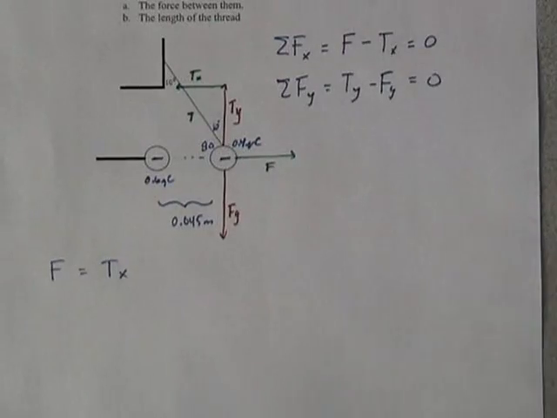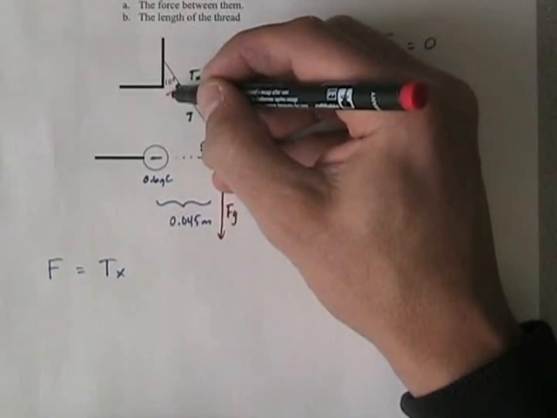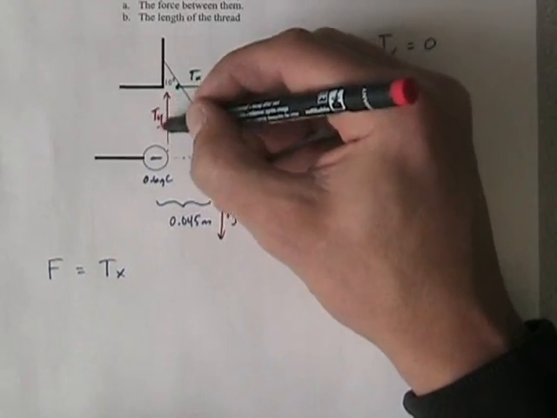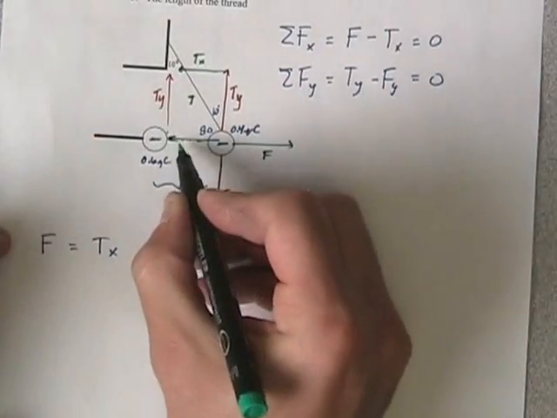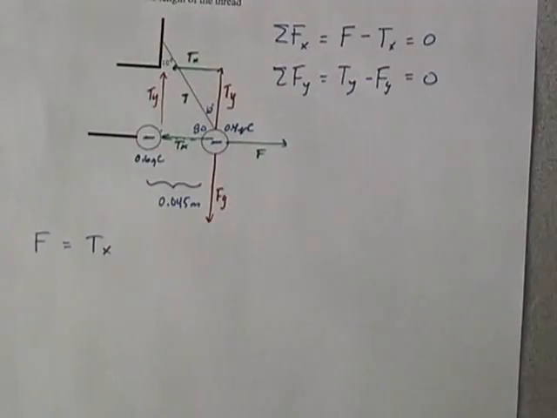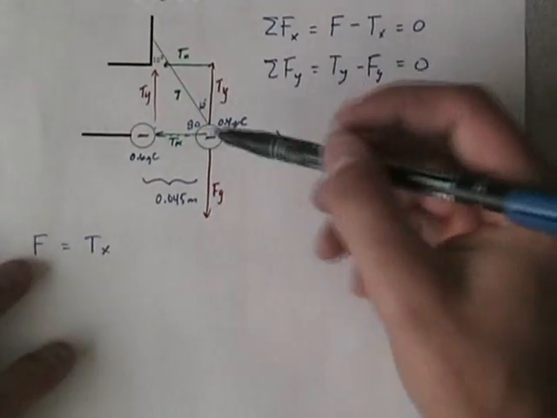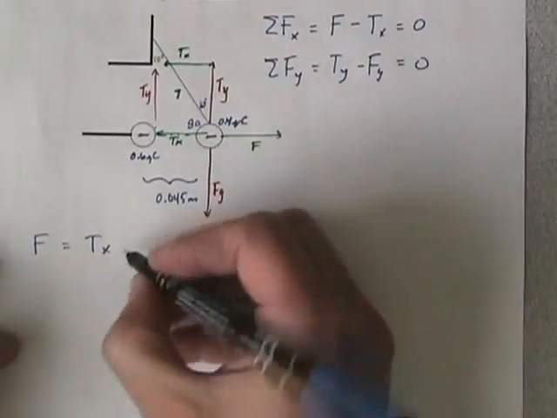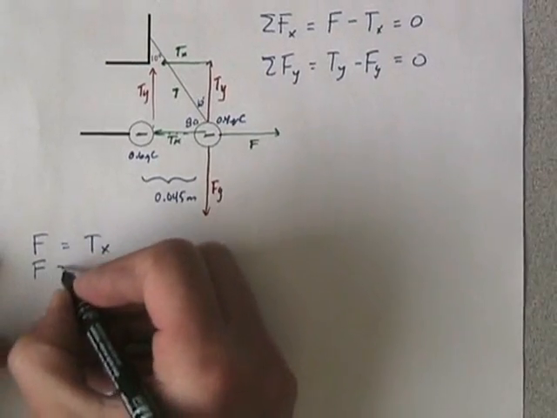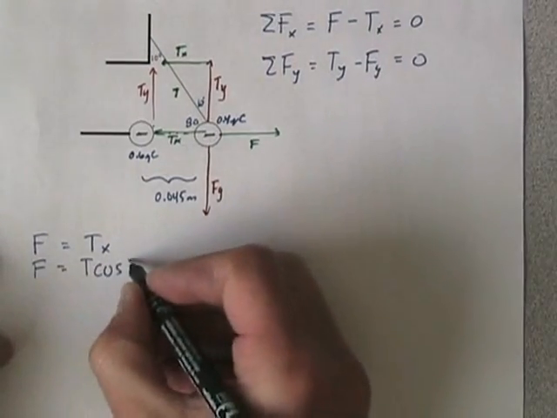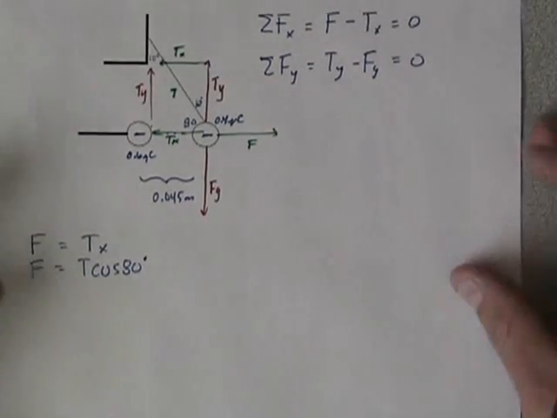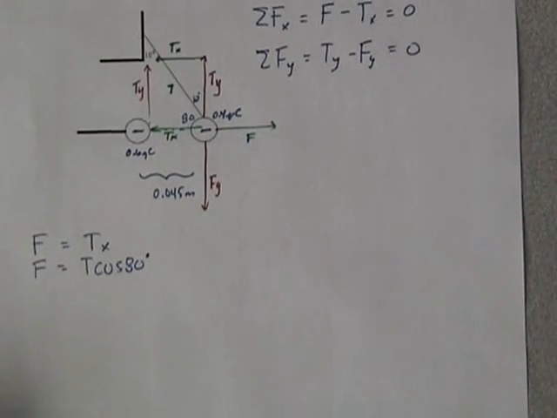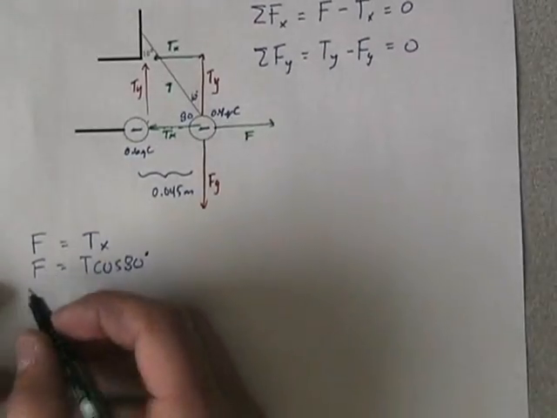And then you notice that this Ty would actually be here, and this Tx would actually be here, which means then that if I'm going to have off of the x-axis, my force is going to be equal to T cosine of 80 degrees, not 10 degrees. If you do 10 degrees, you're just going to get it wrong. Okay, that's my sum of my fx's.